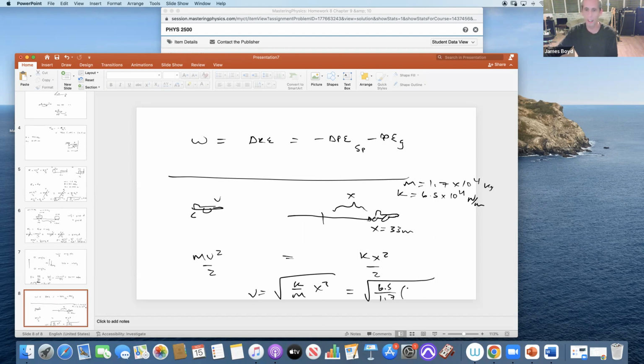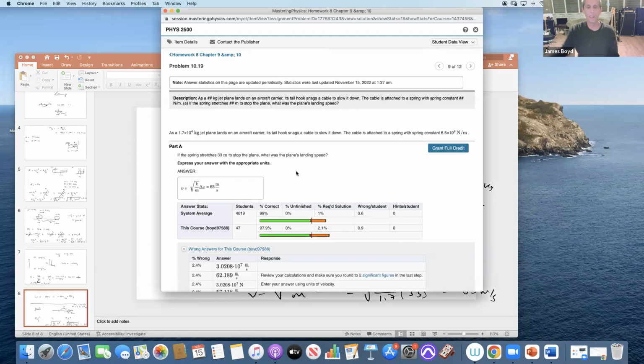The 10 to the 4th cancel. So it's 6.5 divided by 1.7 times 33 times 33. Square root of that answer is 64.5, or 65 meters per second. So this is essentially the exact same problem that you had before, just another spring problem. It's another way of seeing a spring problem. You might not think of a cable as a spring, but that's what it is.